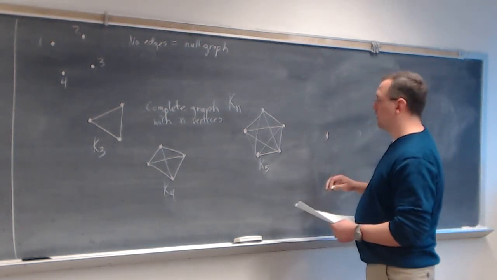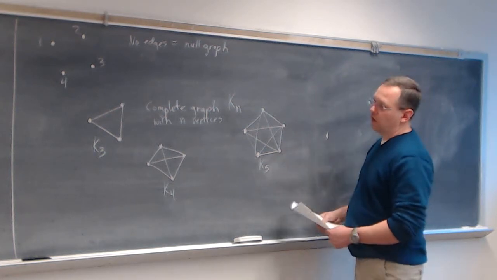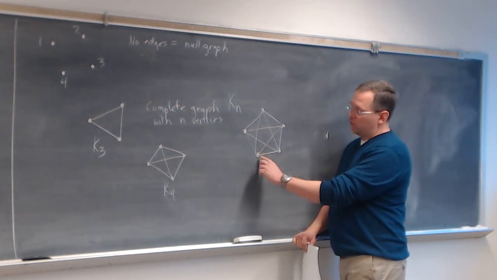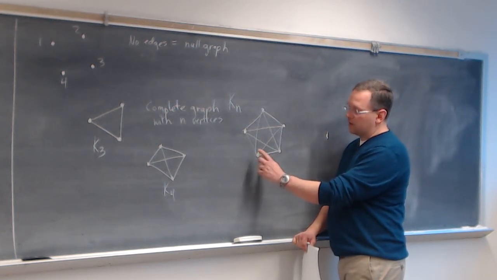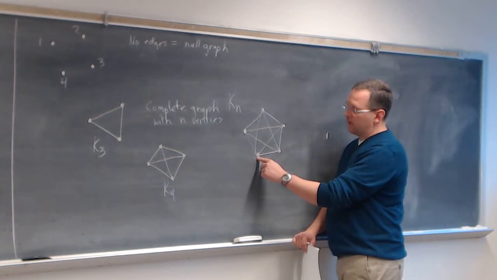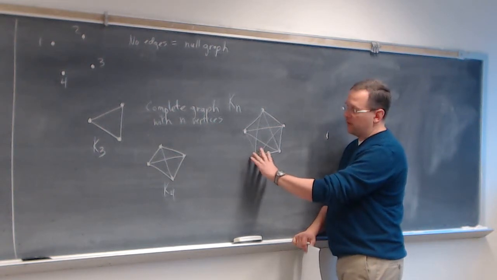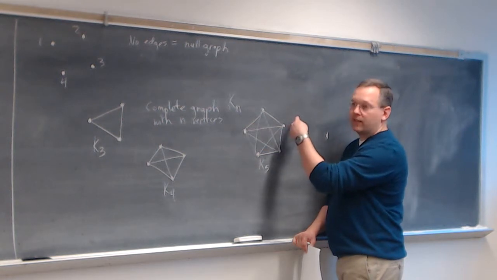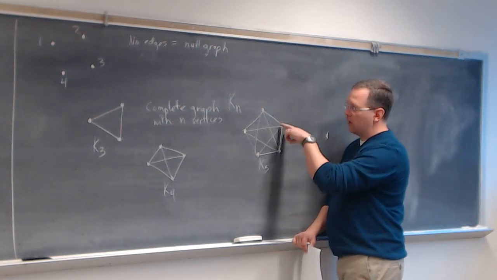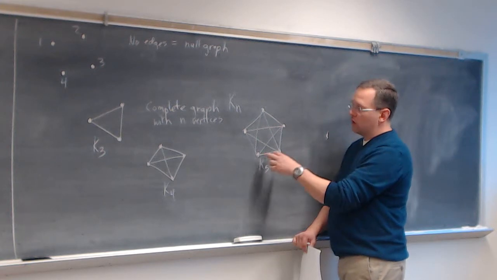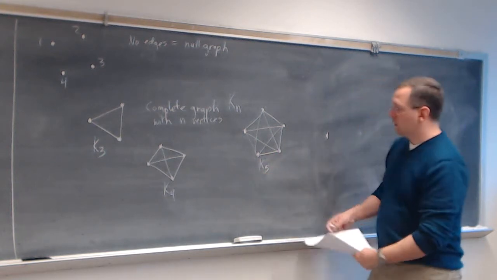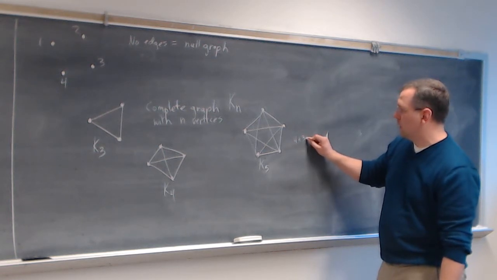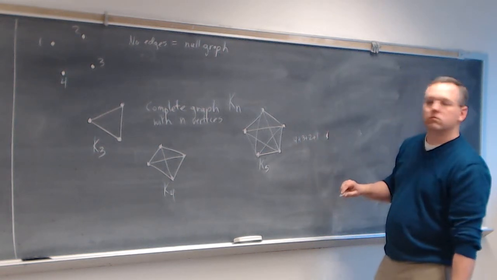So how many edges does it have? I showed this example. If there are five vertices, and I start here and go around and count the edges, there are 4 edges from this vertex. If I go to this one, I count 3 edges that I haven't counted already. From the next vertex, I count 2 more, and from the next, I only count 1 more. So for K5, you could count the number of edges as 4 plus 3 plus 2 plus 1.